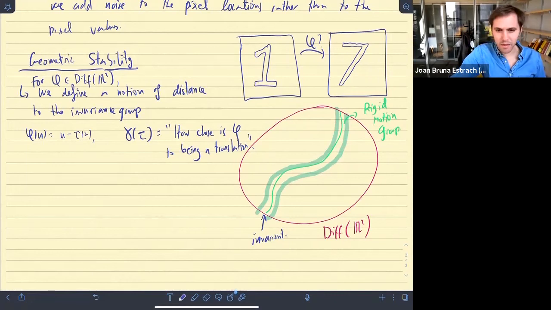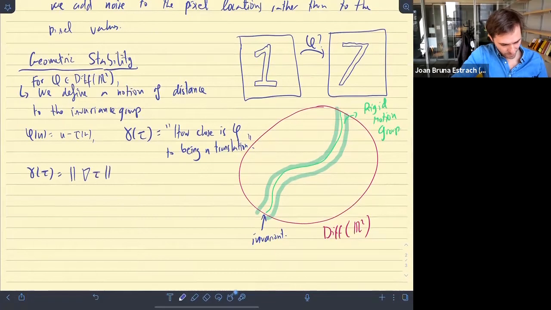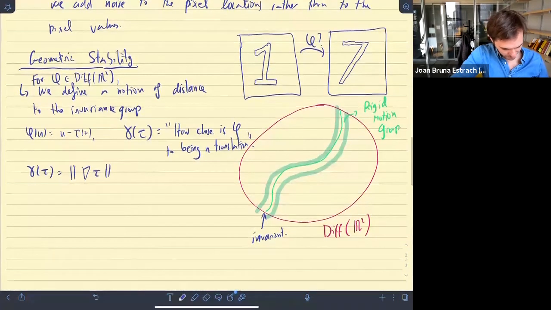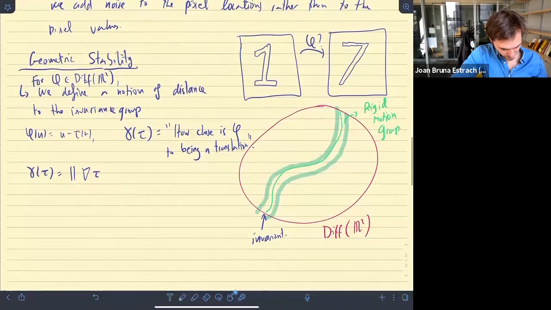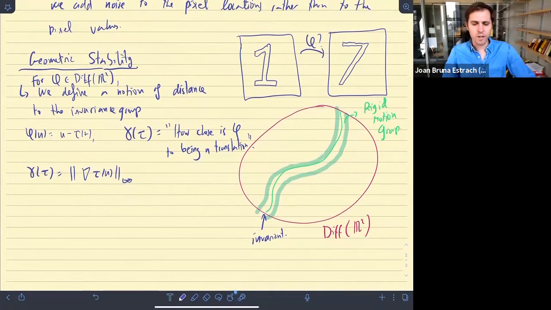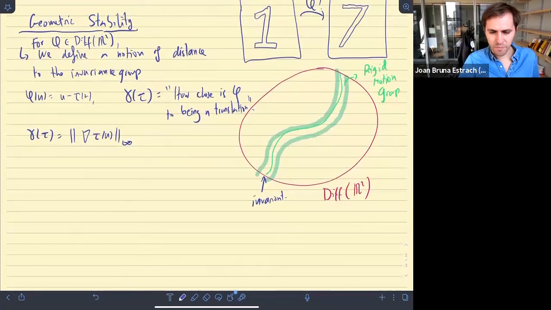And for example, we can express this desire with a quantity that maybe looks like this. I look at the gradient of tau, and I take the sup over the whole domain. So in the case of a translation, what is tau?